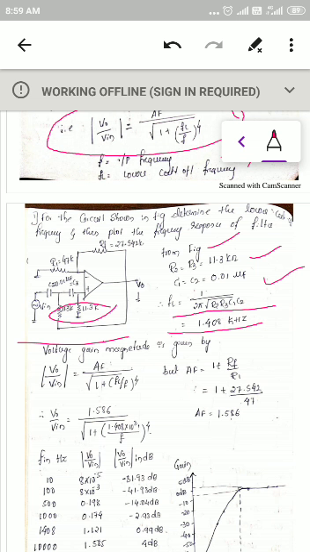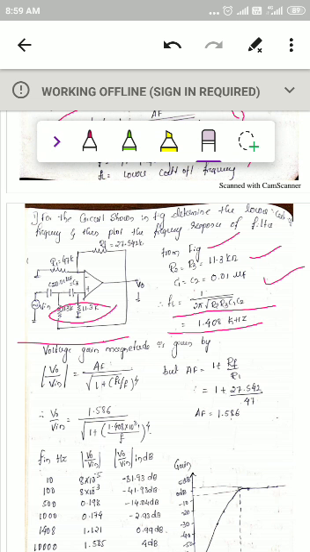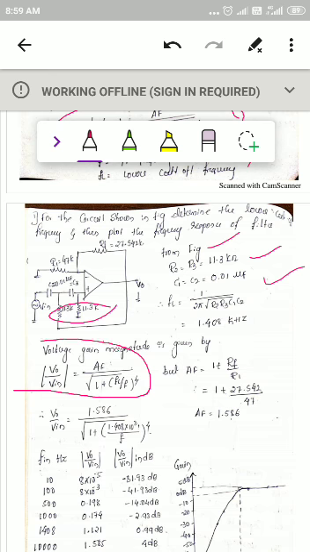Now they also ask you to plot the frequency response of the filter. To plot the frequency response, you need the gain equation, which you already derived. The gain equation is AF divided by square root of 1 plus (FL divided by F) whole to the power 4.